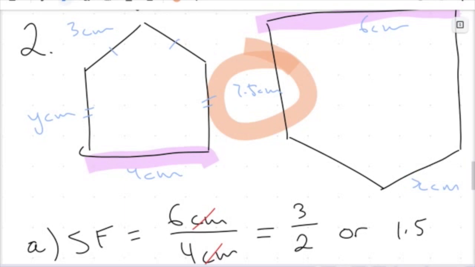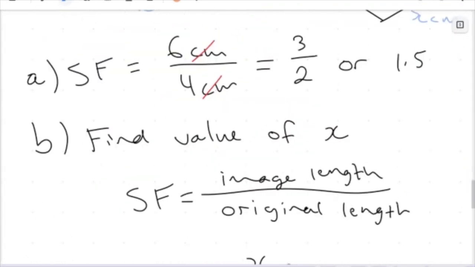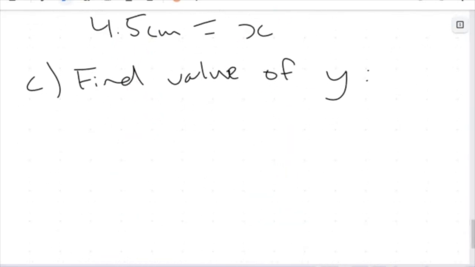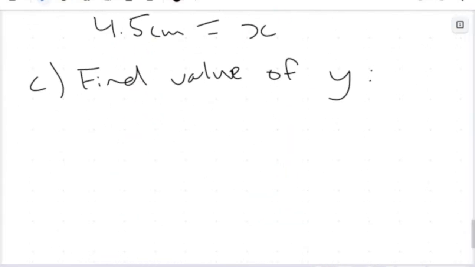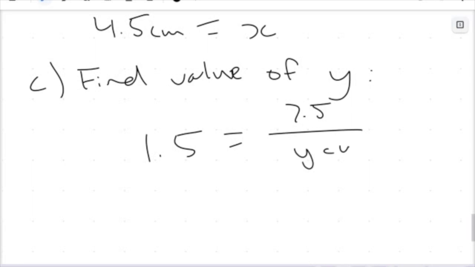And that's going to be the last one that we haven't touched yet. That's going to be my 7.5. So I'm going to set up my equation again. So my scale factor, 1.5, equals my image length of 7.5 over my original length of y centimeters.